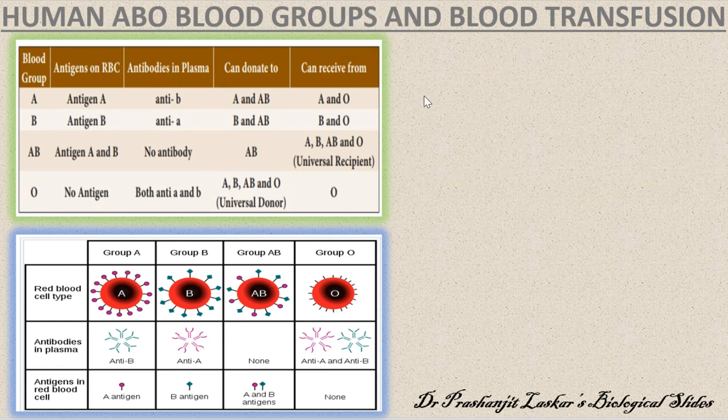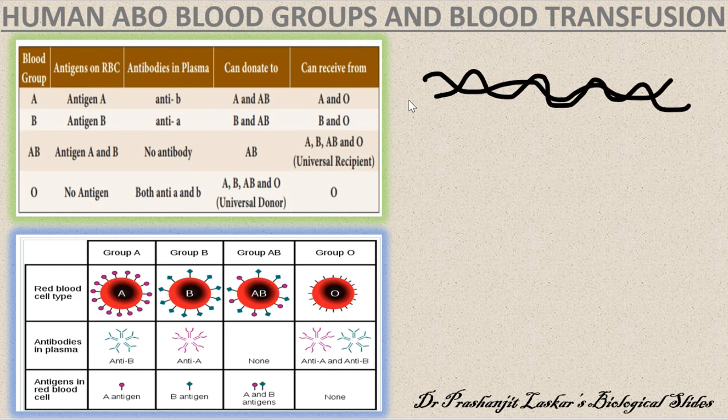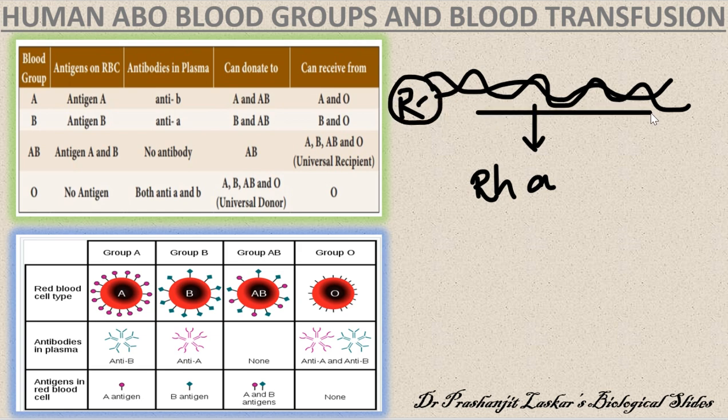Rh antigen is formed by the dominant R gene. So this is the structure of a gene, and suppose this is the capital R gene, and this gene is mainly responsible for the production of this Rh antigen.